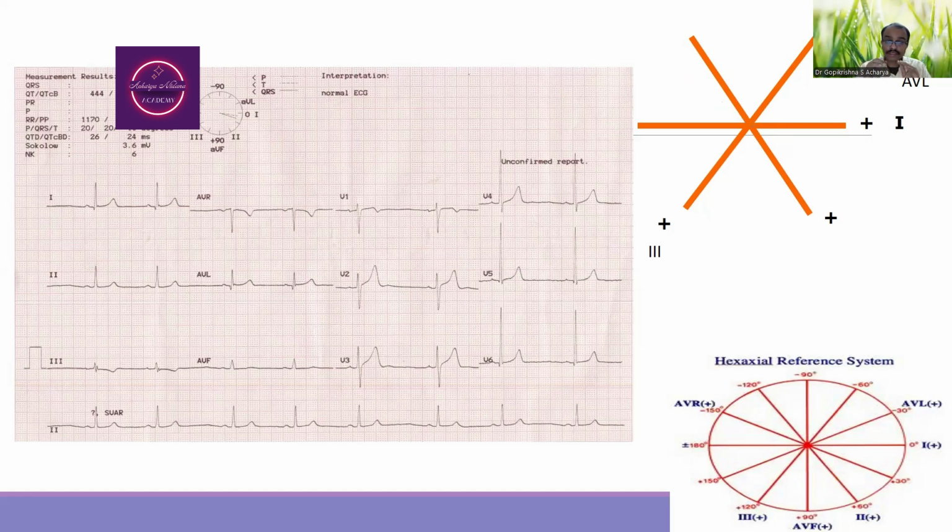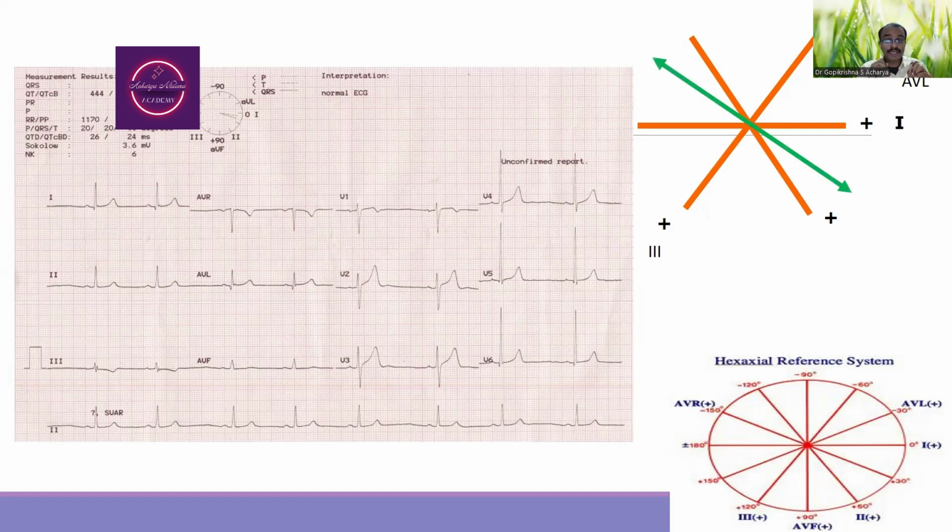So rule 1 says that first of all, we have to identify the equiphasic deflection. When this equiphasic deflection is seen in any particular lead, that is indicative that the electrical axis will be perpendicular to that particular lead. The second step is to identify the nearest leads which are perpendicular to that lead having the equiphasic deflection, and look into the deflections on those two leads.